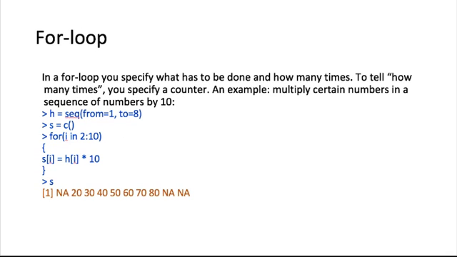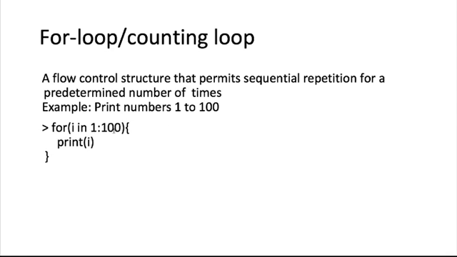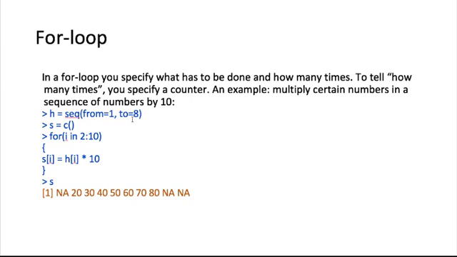Now, with the for loop, you specify what has to be done and how many times you want it to be done. So we saw in this case, we said for I in 1 to 100. 100 times is the number of times this has to be performed.